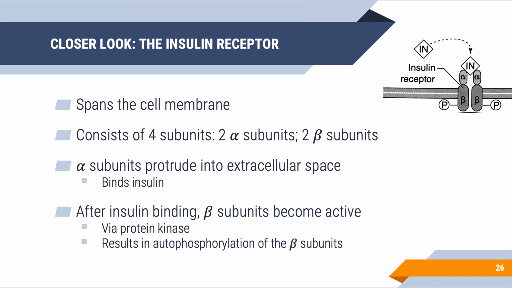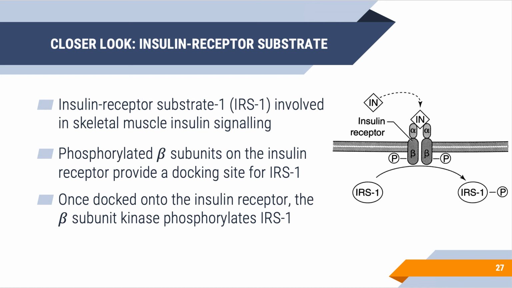Once insulin binds to the alpha subunits, the beta subunits become active and can autophosphorylate themselves. Once they become active, insulin receptor substrate 1, or IRS1, can dock onto the beta subunits.